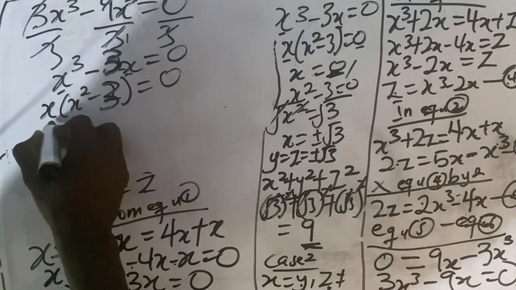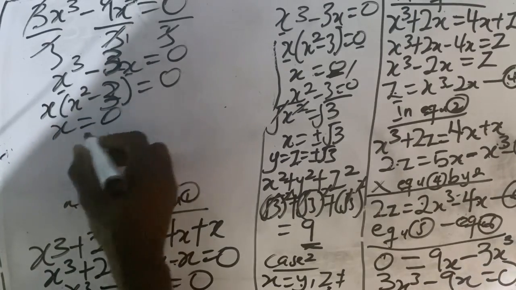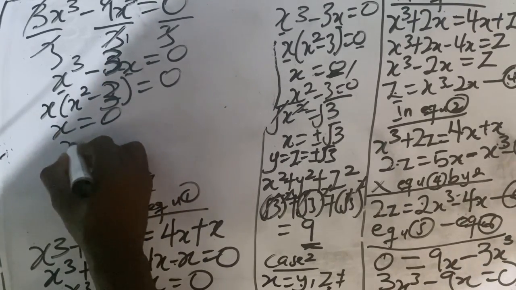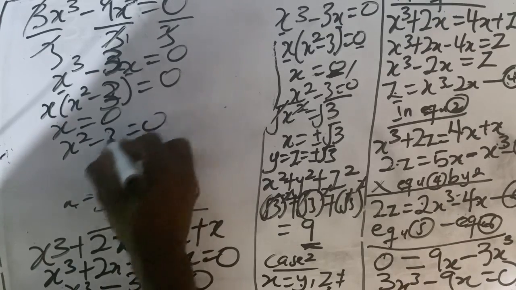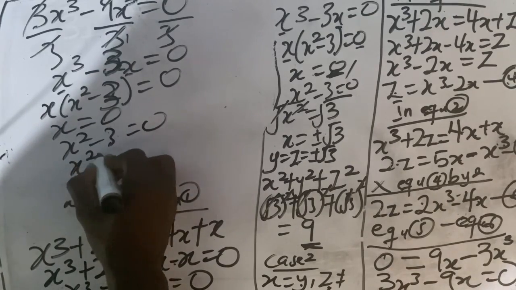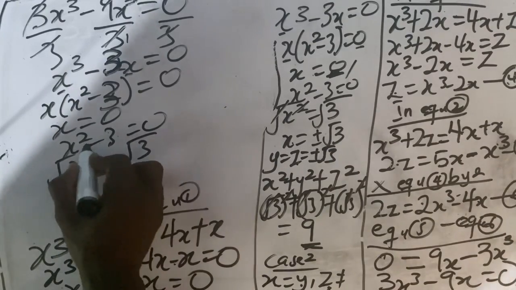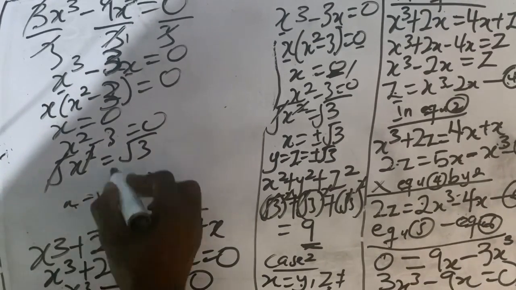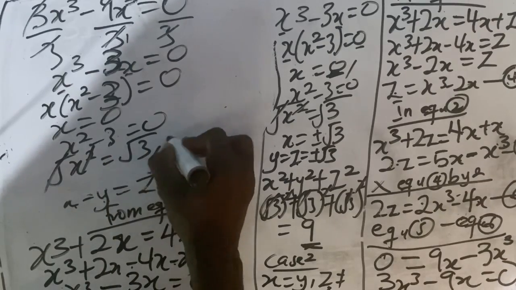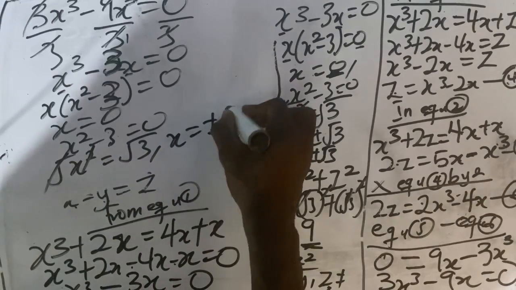And then the first component is that x is equal to 0, and then in this component we have x squared minus 3 equal to 0. x squared will be equal to 3, and if I put the square root on both sides, the square cancels the square root, and I have x equal to plus or minus the square root of 3.